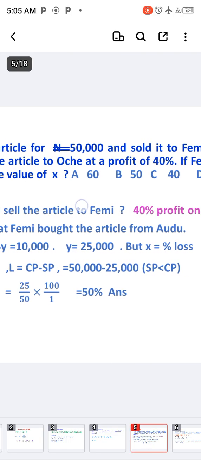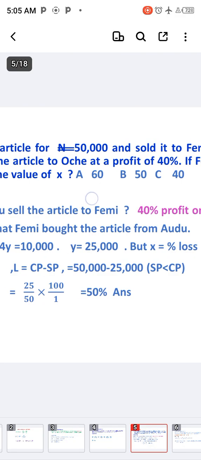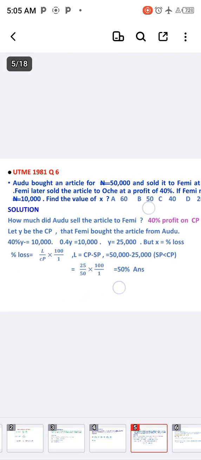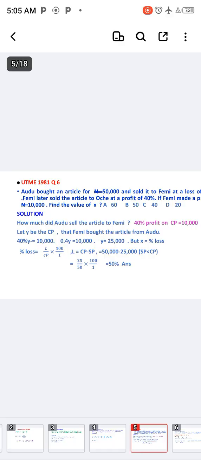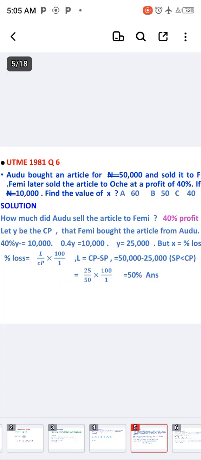And the 10,000 naira is equivalent to 40% of what? The cost price. Now what we need to do here is to express the percentage profit to the actual profit. Now, how much did Awudu sell the article to Femi?